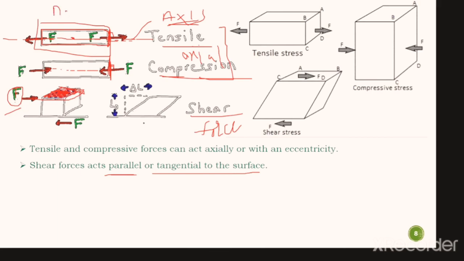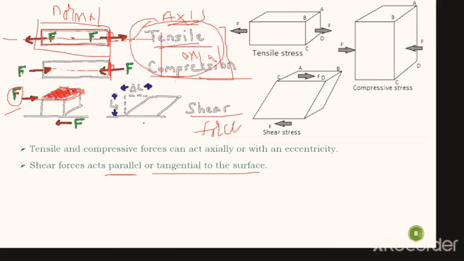Remember this term, normal, N-O-R-M-A-L, normal forces. So what do you mean by tension and compressional force? How do you differentiate these two? You differentiated shear force from these two: this is tangential and this is perpendicular to the area. But how do you differentiate between these two?